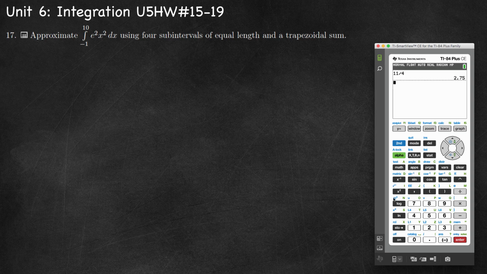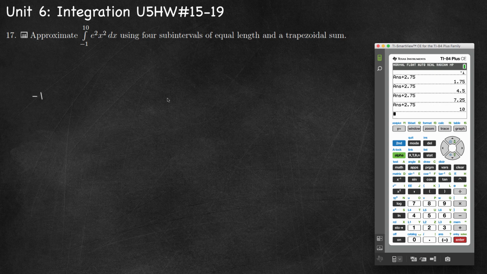So good thing we have a calculator for this question. I'm going to start at -1. And then my next interval has to be 2.75 away from that. Let's do -1, hit enter, and then I'm going to add 2.75, and I can just keep hitting enter to get these until I get to the one I need.